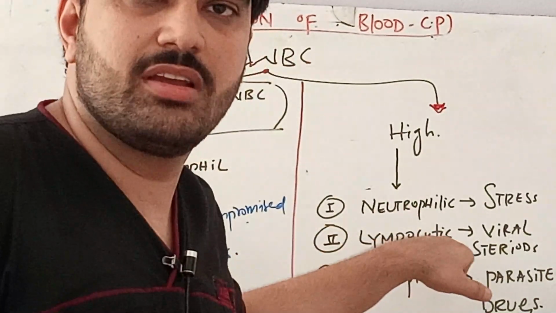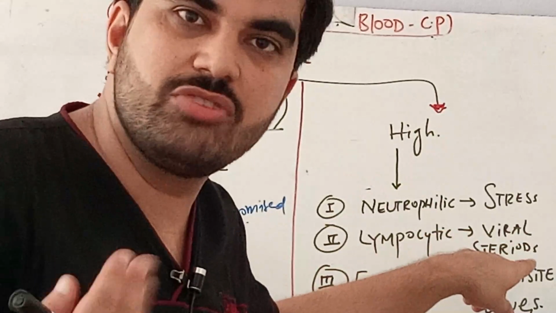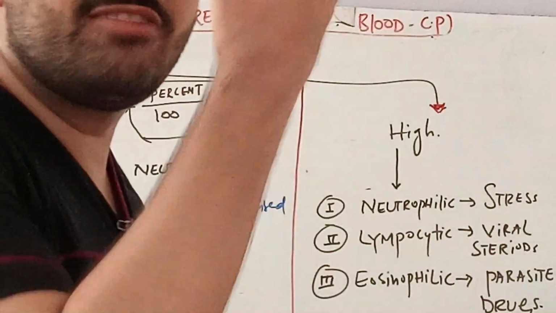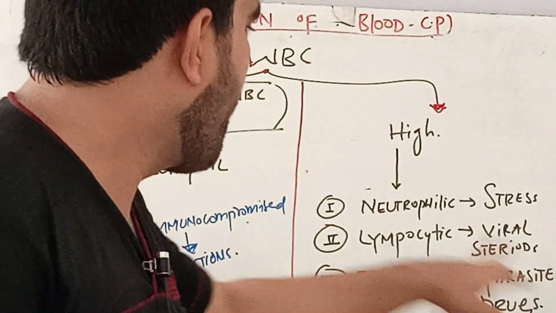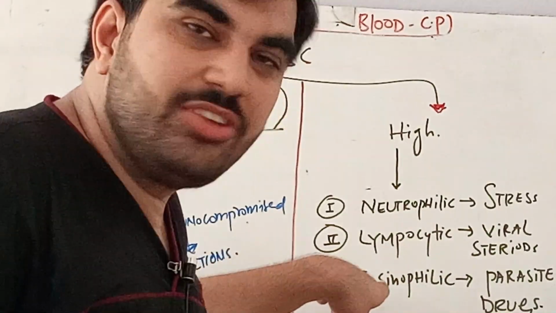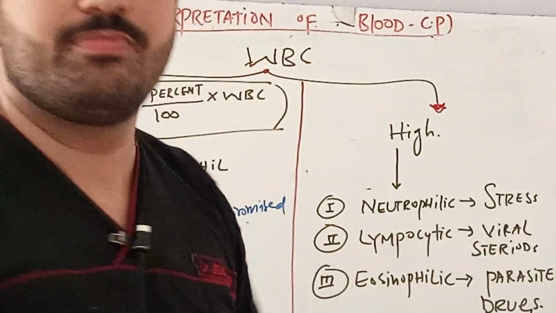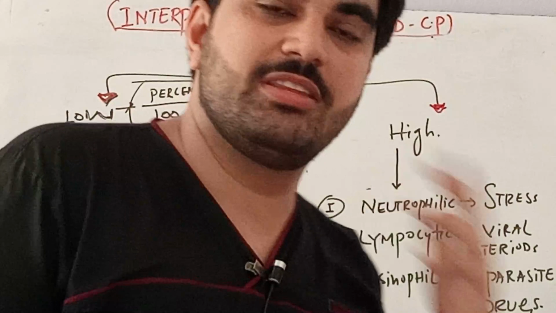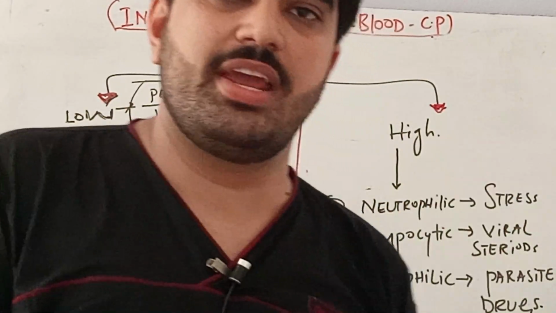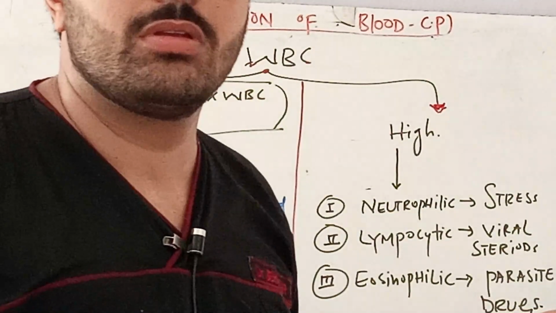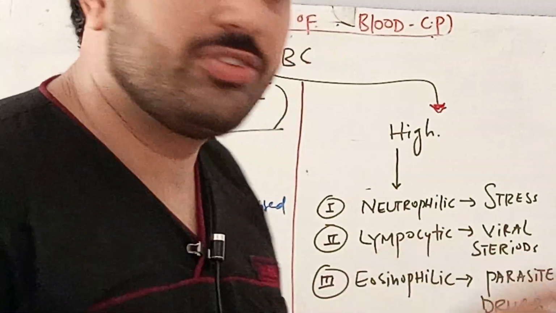If there is lymphocytosis, think about viral infection and steroids. Steroids increase lymphocytes and decrease the neutrophils. If it is eosinophilic, think about parasites and drugs. A drug reaction can increase the eosinophil, a parasite can increase the eosinophil, and you can also exclude myeloproliferative disorders if it is truly high.